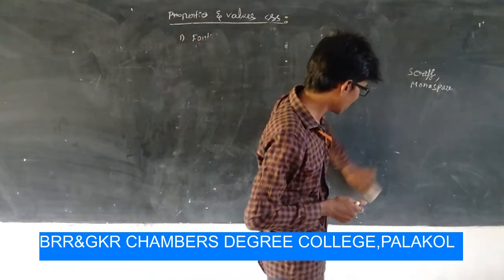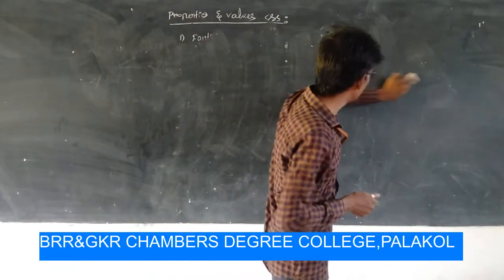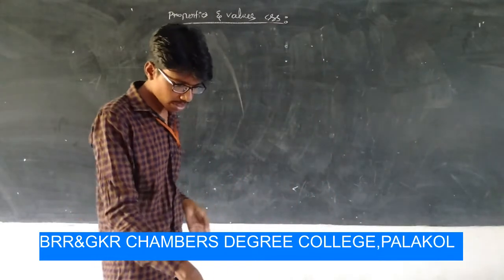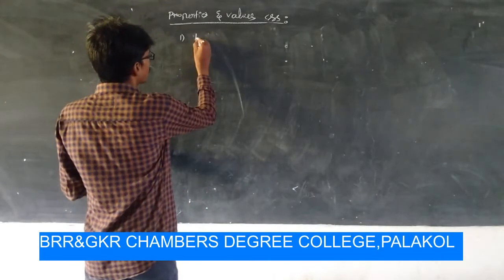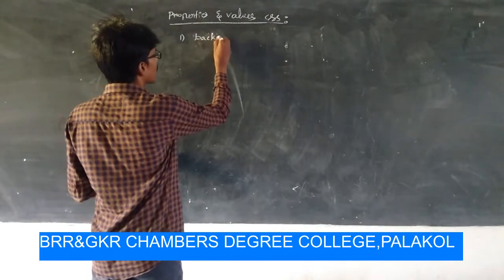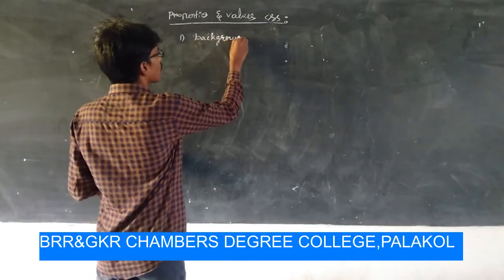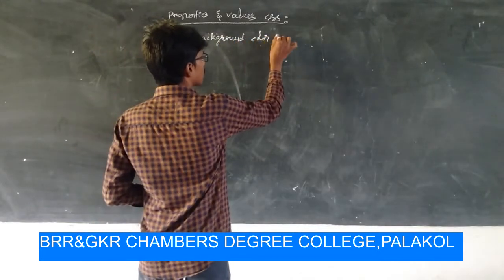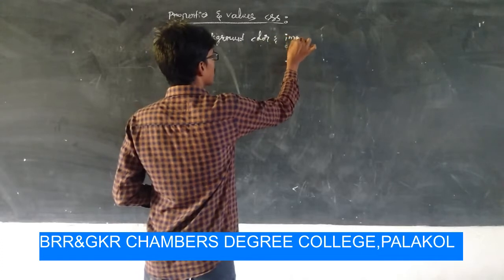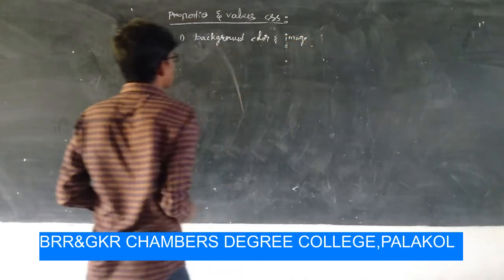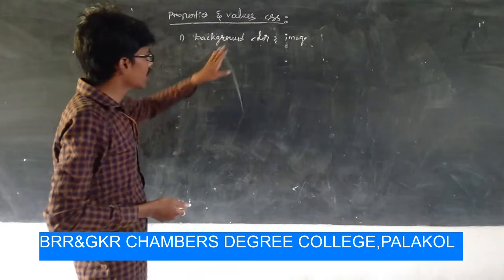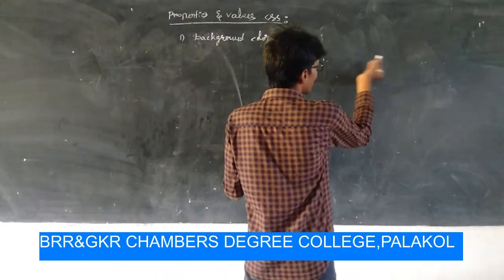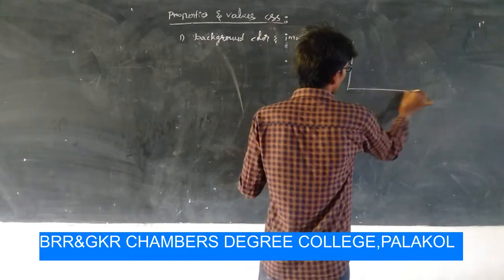Second one is backgrounds and colors: background, color and images. For example, if you mention a background color for one text and another, say there is a document.